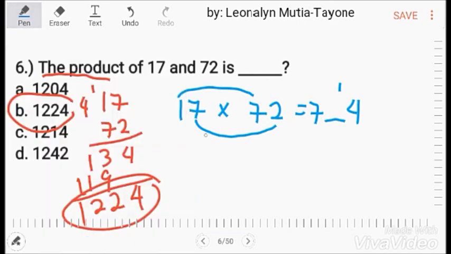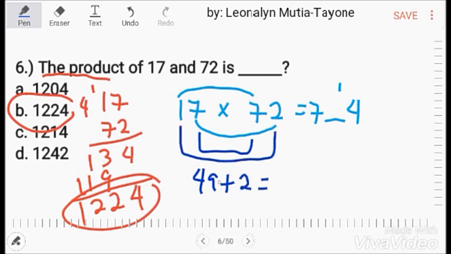Then, next, 7 times 7 is 49, plus 1 times 2 is 2, equals 49 plus 2 is 51. So, si 51, i-add natin si 51. Then, 1 plus 1 equals 2. 5 plus 7 equals 12. So, maging 12 na yan. And the answer is 1,224.